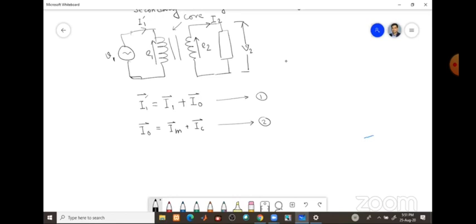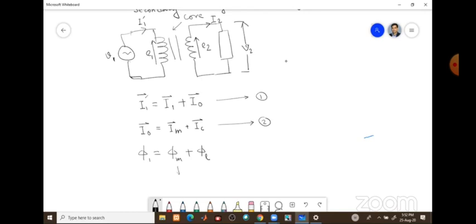Okay, so let me go like this. Suppose the total primary flux is phi1. Some portion will be mutual flux and some portion will be leakage flux.